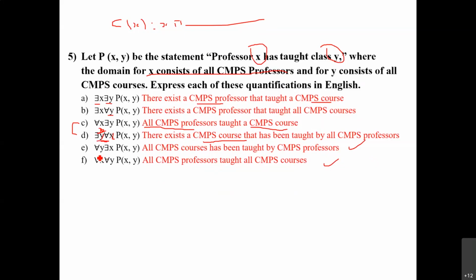So for every Y, all CMPS courses have been taught by some CMPS professor. Yeah, this should be a CMPS professor since they said there exists X. It's not by all the CMPS professors. Okay, good eyes. Thank you. For every X, for every Y, all CMPS professors taught all CMPS courses. Okay, so this is fine. Okay, good.